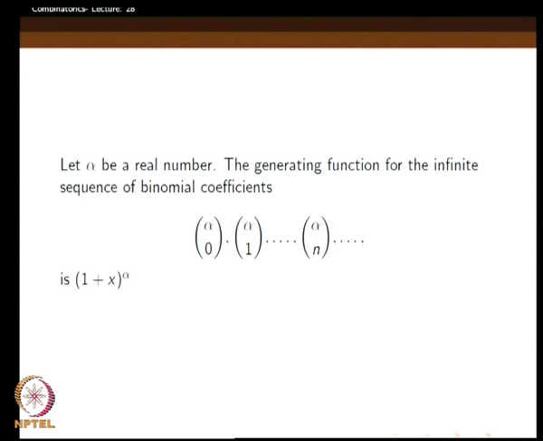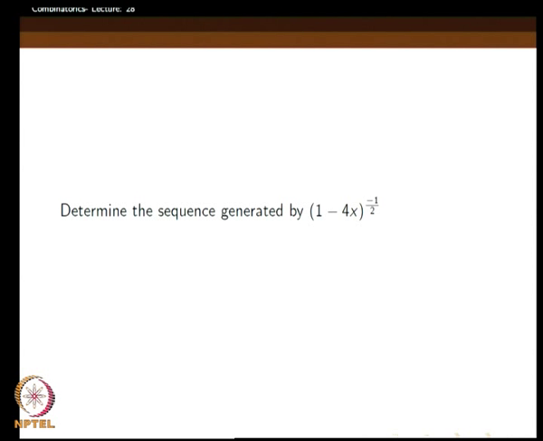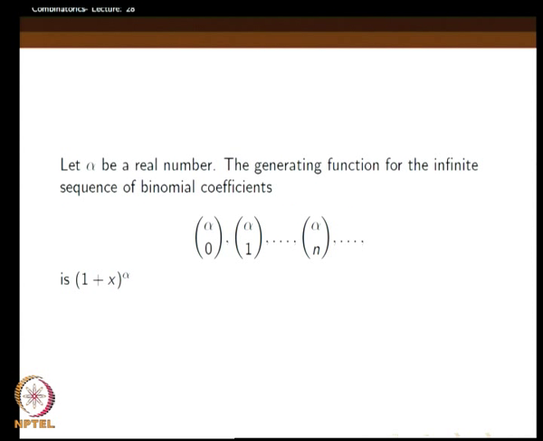In that context we should mention that x can be some a times x. We substitute a x equal to y and then use the formula, expand to get the expression in terms of y, then y can be substituted by ax.